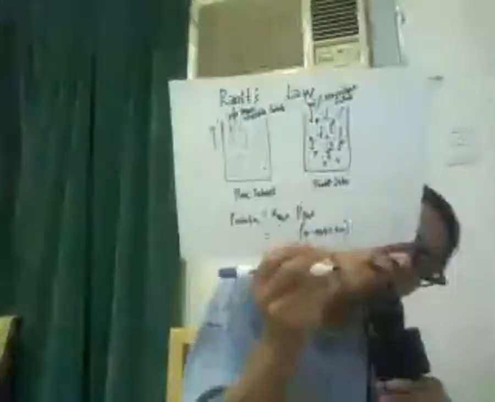So the mole fraction of solute is equal to the moles of solute, which is 0.2443, divided by the total moles, which we obtained already, 5.7943. Then we can solve for the vapor pressure of the solution.